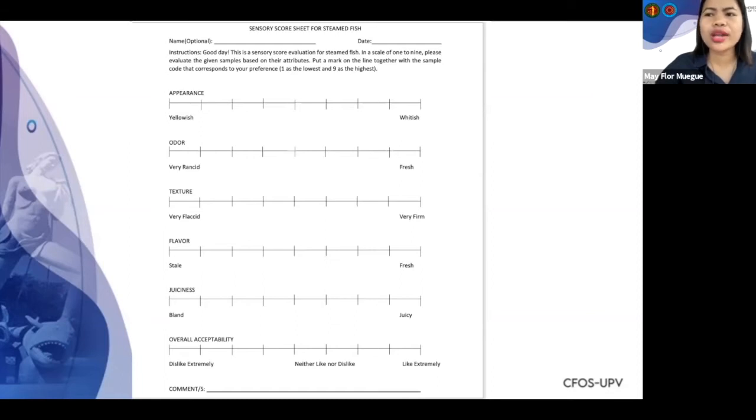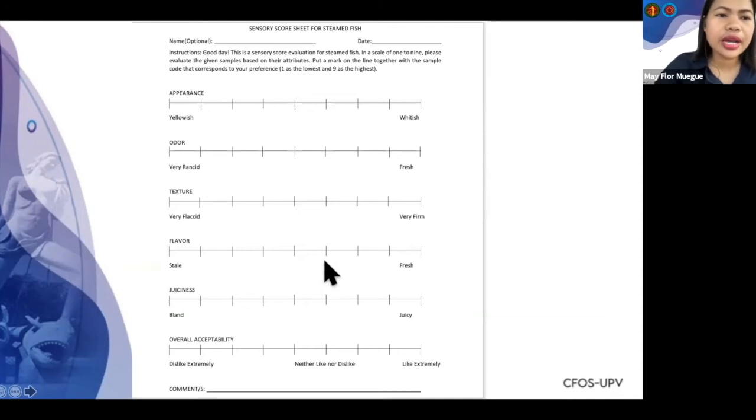In a scale of 1 to 9, please evaluate the given samples based on their attributes. So, you rate it; here it is specified that 1 is the lowest and 9 is the highest. In terms of appearance, depending on whether you like it, you rate it 9. If not so much, then you go towards 1. So, this is an example of a sensory scorecard.